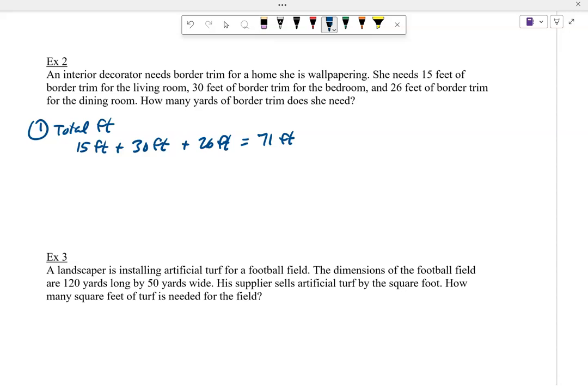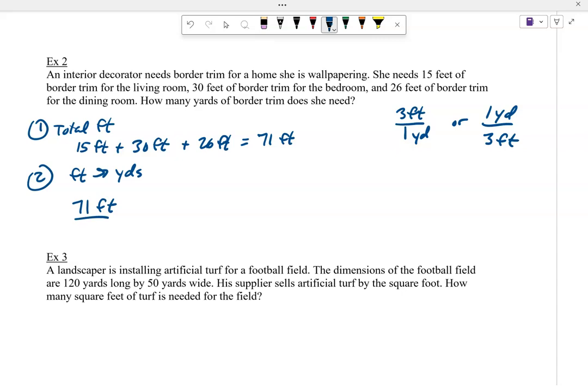But how many yards is this? The question is, how many yards of border trim does she need? So we want to go from feet to yards. Well, we know there's 3 feet for every 1 yard. For every yard, there's 3 feet. So right now we have 71 feet. You can put that over 1. And we want the feet to cancel. So I'm going to pick the second one, because I have feet on the bottom there.